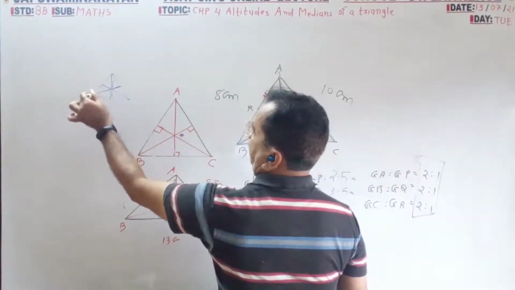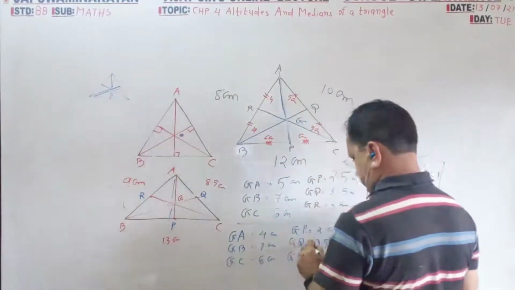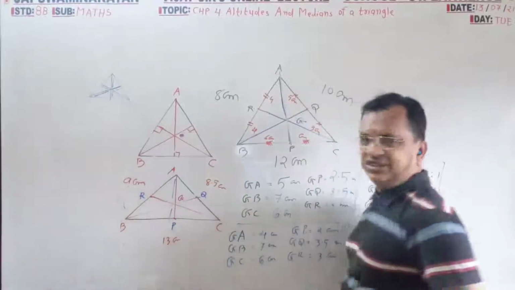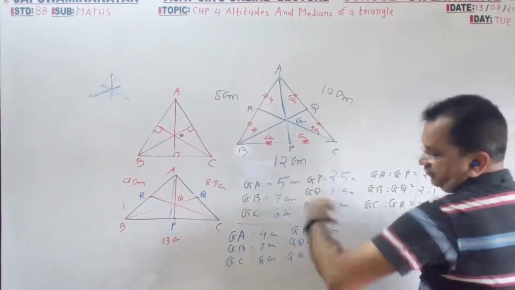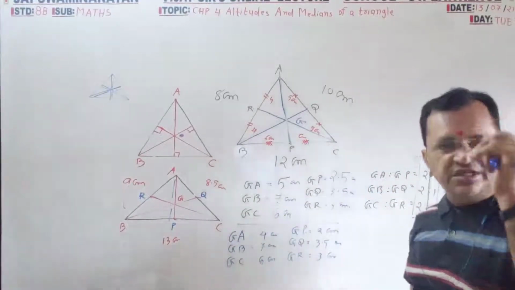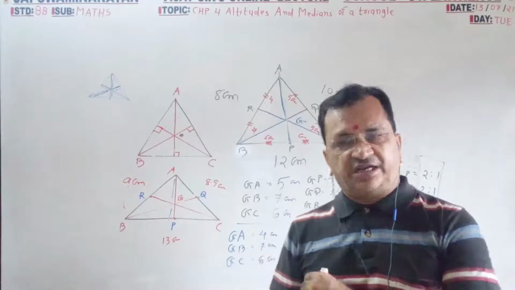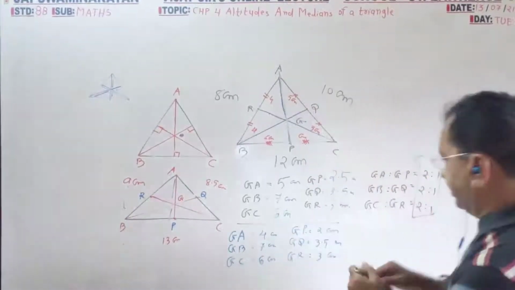From B find this much right here. Find this much by scale. Then from C, GQ, find this. If it is exactly half or if it is exactly double, then your diagram and your measurement, your numbers are correct, otherwise wrong.